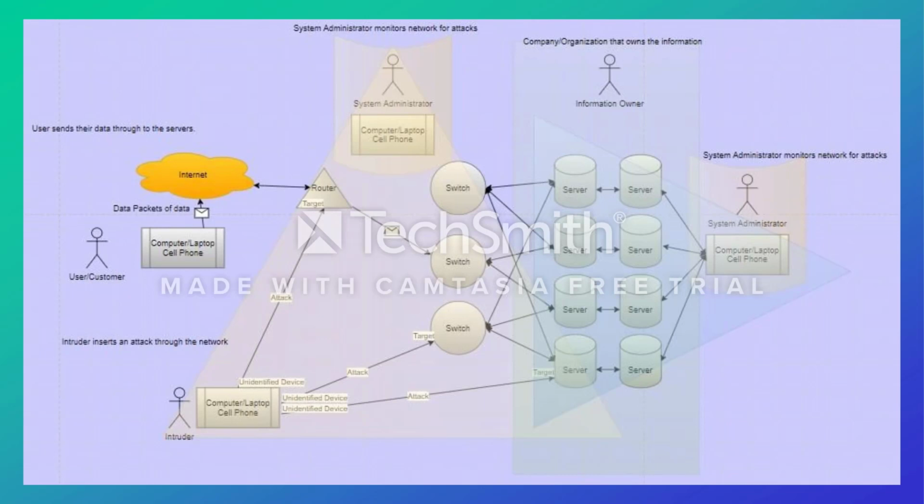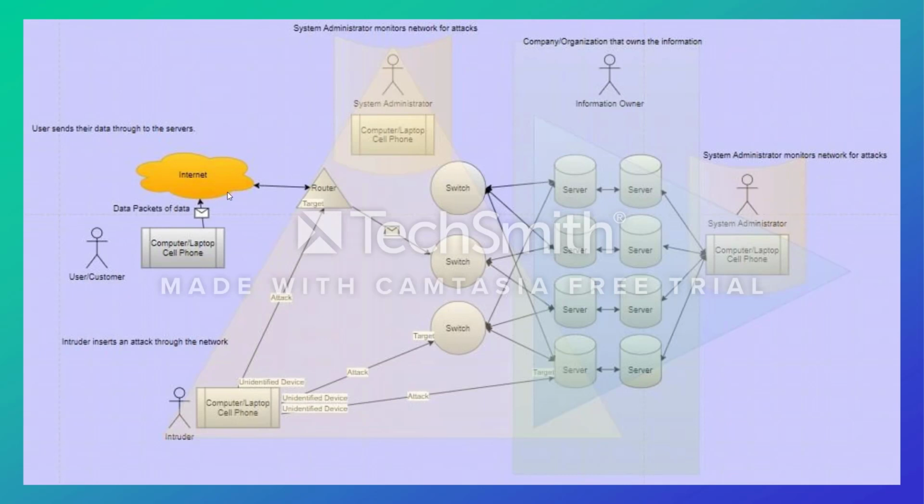So from the first presentation, I brought this diagram into one of my first visualizations. The purpose of this project was to identify these areas right here, the attacks, and from the unidentified devices. So to protect the customer who uses their device, such as a computer, laptop, or cell phone, they would send requests or data pings through the internet in the form of packets.